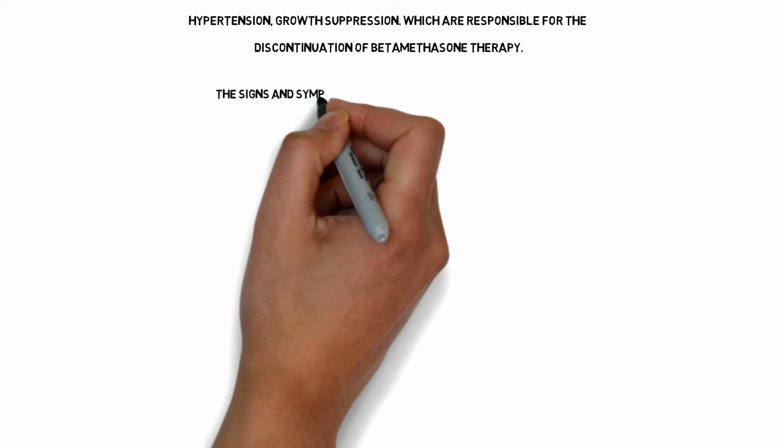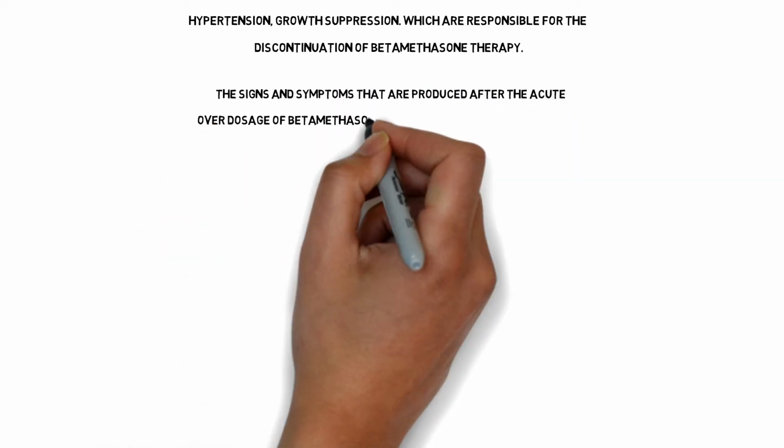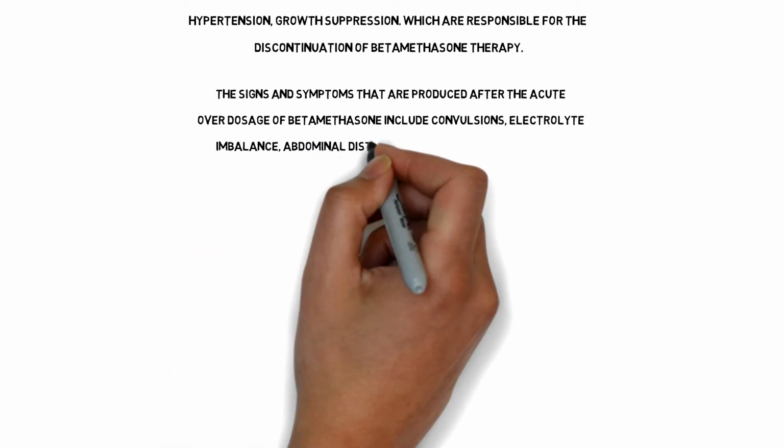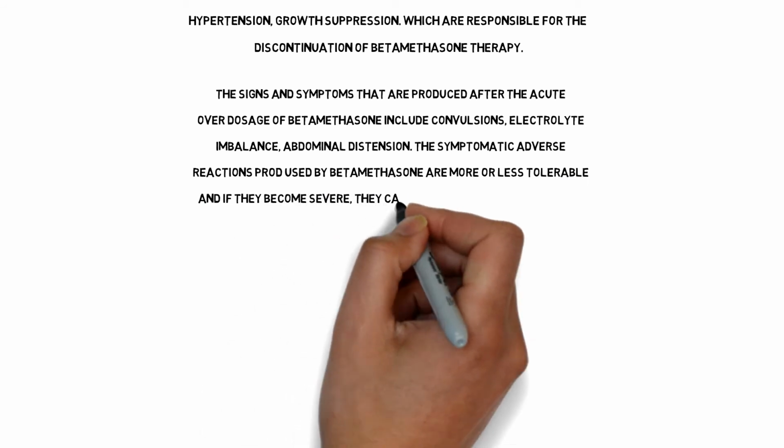The signs and symptoms that are produced after the acute overdosage of betamethasone include convulsions, electrolyte imbalance, abdominal distension. The symptomatic adverse reactions caused by betamethasone are more or less tolerable, and if they become severe, they can be treated symptomatically.